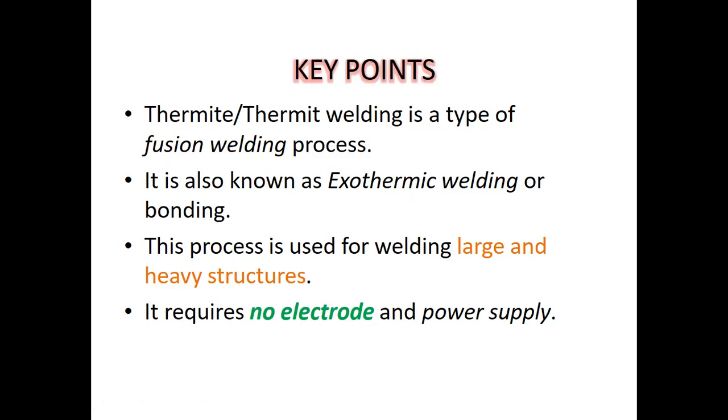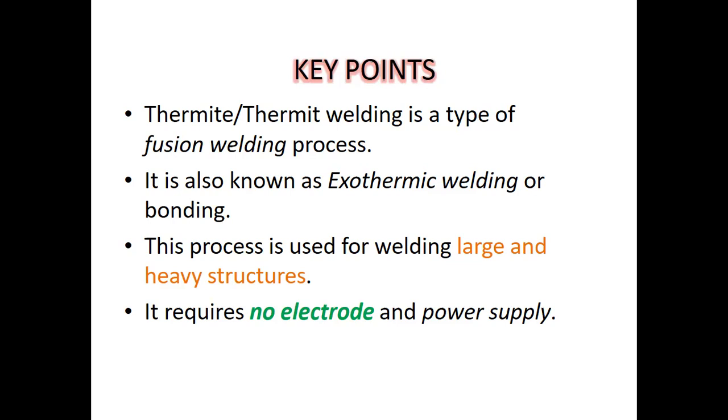This process is used for welding large and heavy structures, as for example rails. We'll see that in the video also. Rails and any other machine, for example ship structures also. For large and heavy structures, you will go for thermite welding, and even for remote areas, areas where you cannot take that arc welding setup or resistance welding setup because current or electricity would not be available at those remote spots.